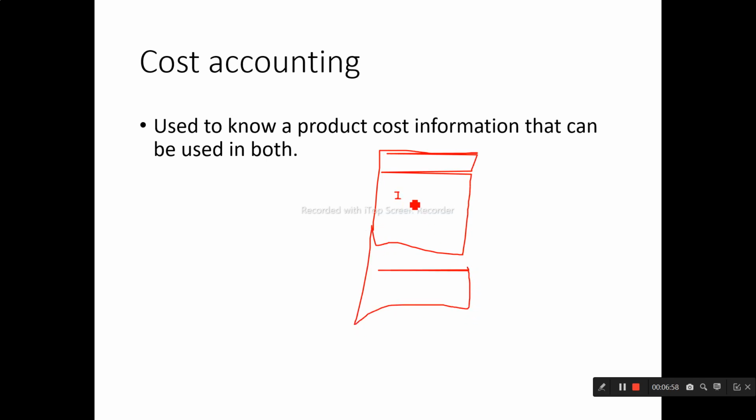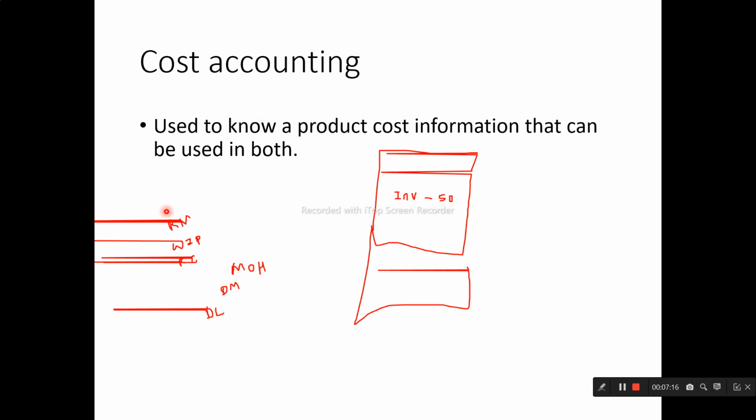We have said that. So in that financial information, if we see inventory $50, how do we know to prepare this? How do we know that inventory costs us $50? The answer comes from cost accounting.